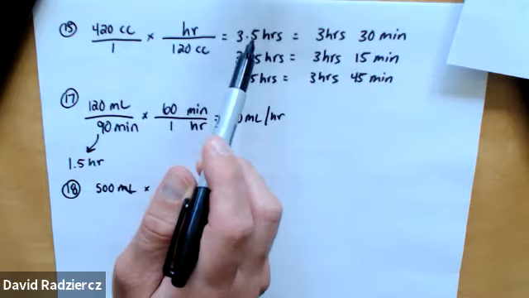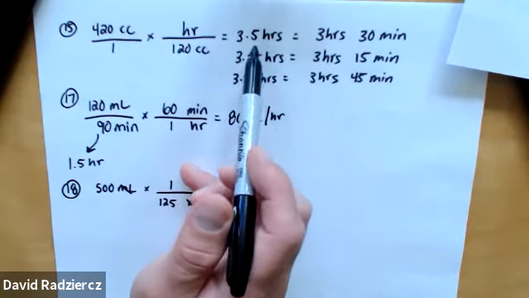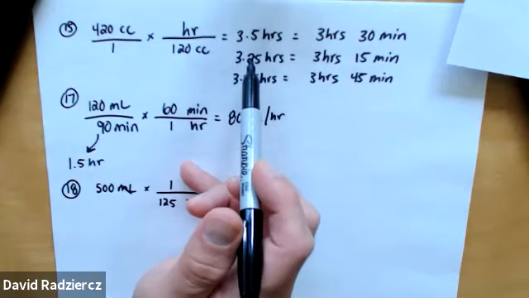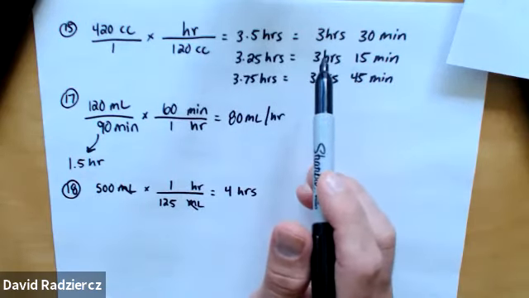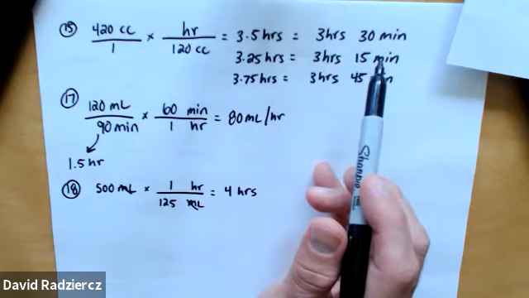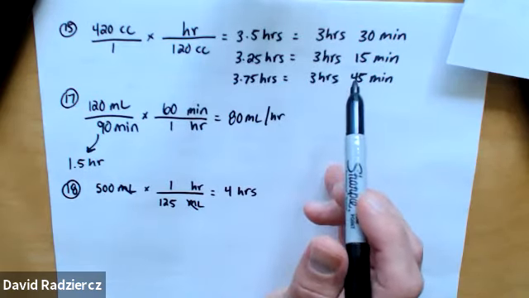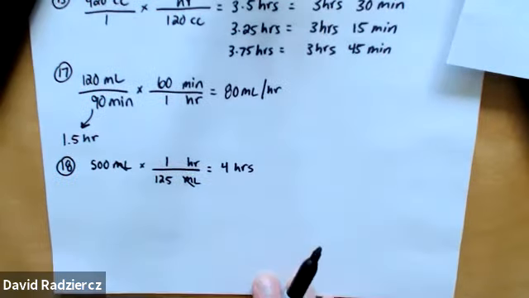The answer was 3.5 hours, so you would write 3 hours and 30 minutes. If you happen to get an answer of 3.25 or 3.75, then 3.25 is 3¼ hours, or 3 hours and 15 minutes. 3.75 is 3¾ hours, or 3 hours and 45 minutes. That's why that was written up there from earlier.